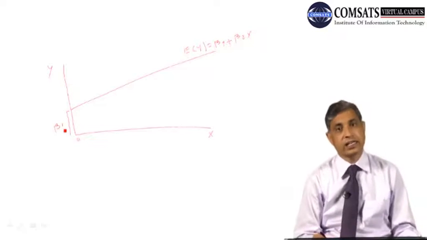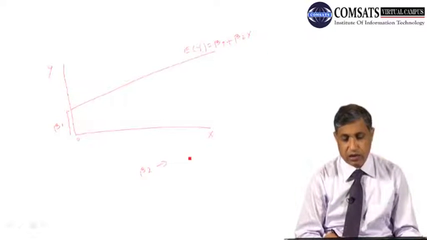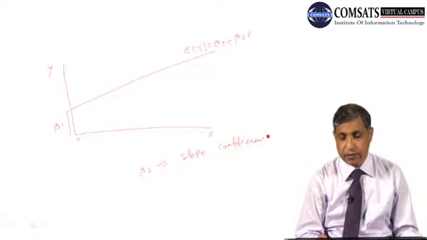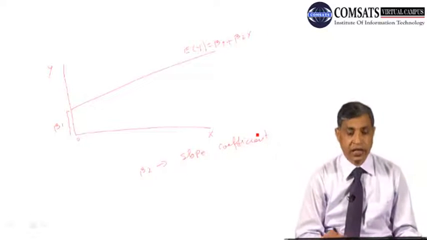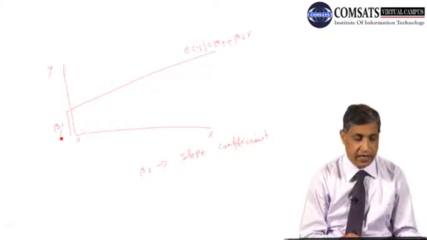This is called the intercept. And what is beta 2? Beta 2 is called the slope coefficient. Both are regression coefficients, but beta 2 is called the slope coefficient in two variable regression, and this beta 1 is the intercept.